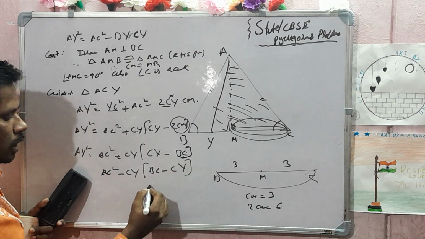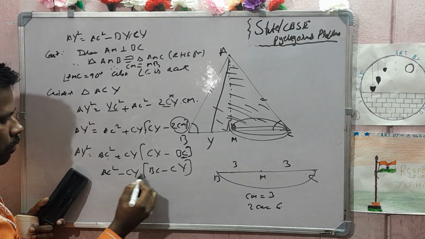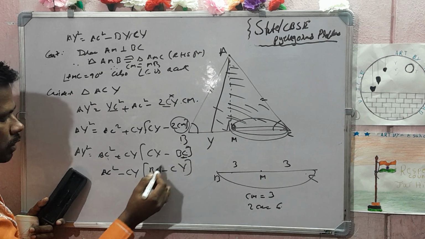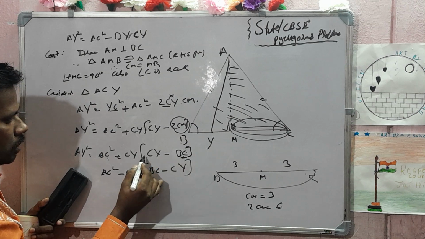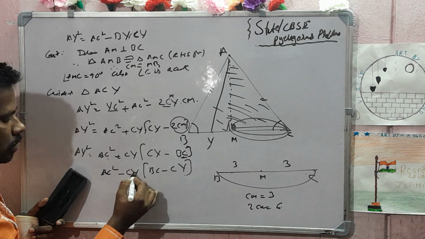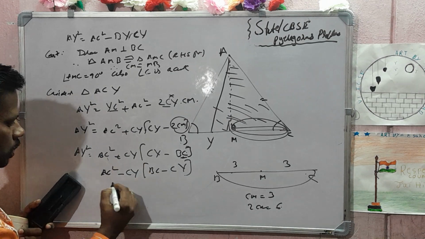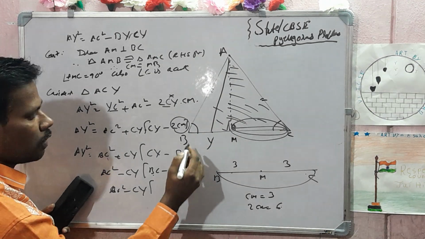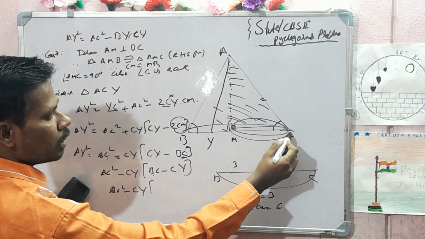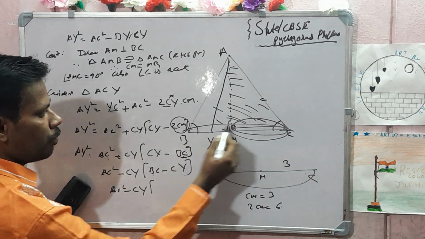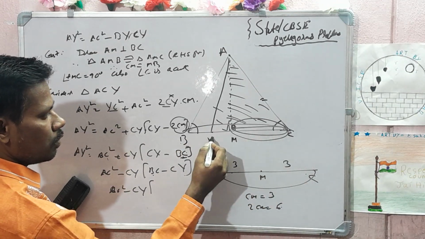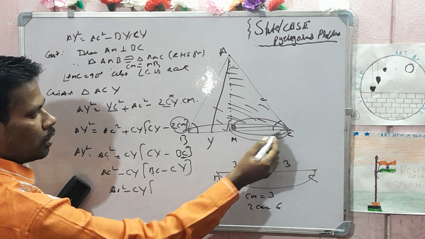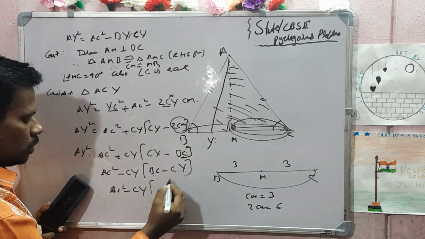This can also be written like this: AC square minus CY into BC, and already the minus is there, so minus into minus is plus CY square, CY into CY is CY square. So AC square minus CY into BC minus CY. BC minus CY, the complete length minus CY, is nothing but BY.